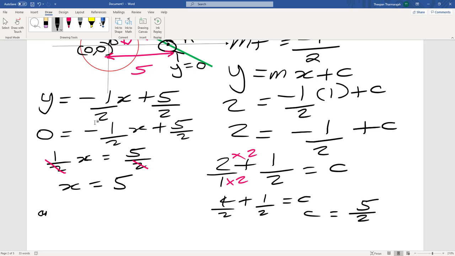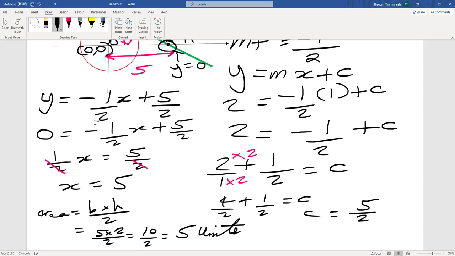That's going to be 5 times 2 divided by 2, which is 10 over 2, which is simply going to be 5 units squared.